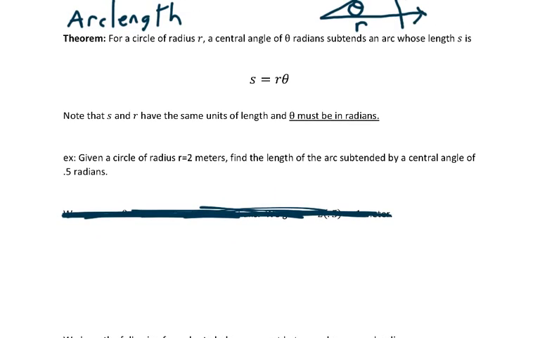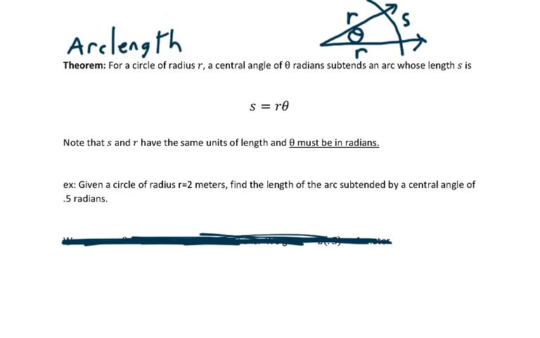Suppose R was 2 meters. So the radius of the circle is 2 meters. What we want is the length of the arc subtended by the central angle. Again, that's just this arc here between the initial and terminal side. We want the length of that, which is S, when theta is half a radian. So in other words, we're just going to use the formula here.